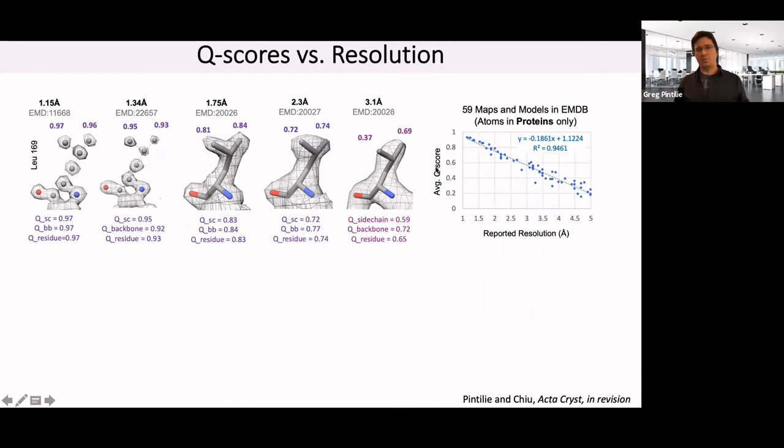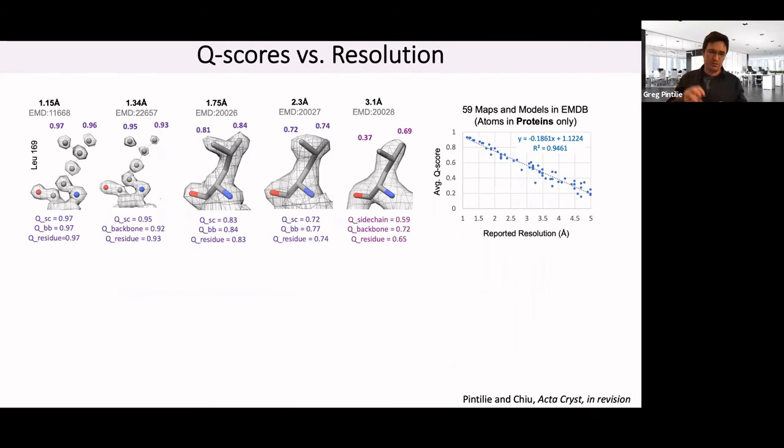So this told us that Q-scores could be a pretty meaningful way to evaluate the resolvability of different atomic features, with the added advantage that you can apply it to individual atoms a bit more easily. The estimated resolution of a map corresponds to the entire map rather than to smaller parts.